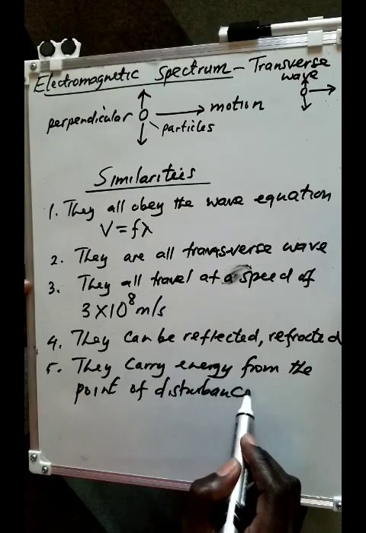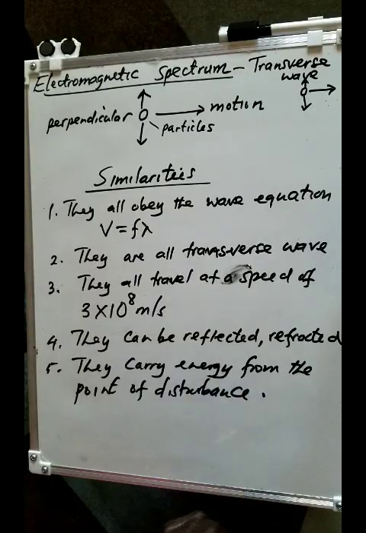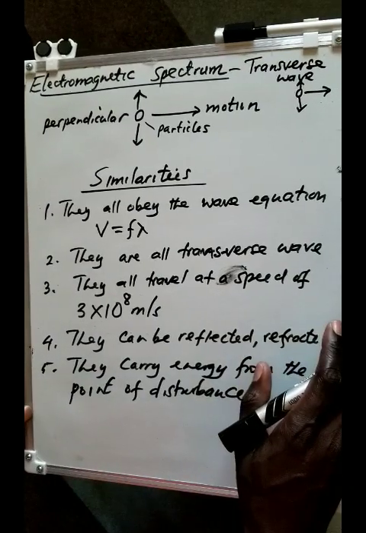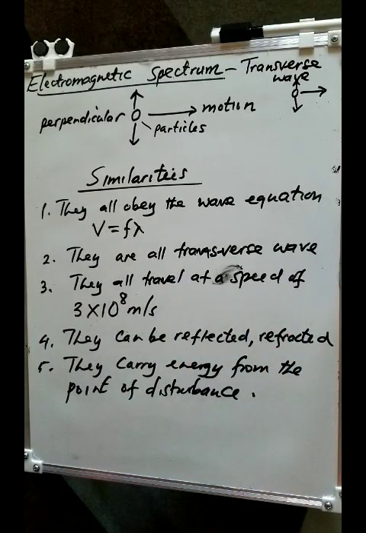So these are some of the similarities that exist between all the waves found in the electromagnetic spectrum. Just watch out for a question that I'm going to look at, so that you can see how you can apply this concept in answering some examination questions.